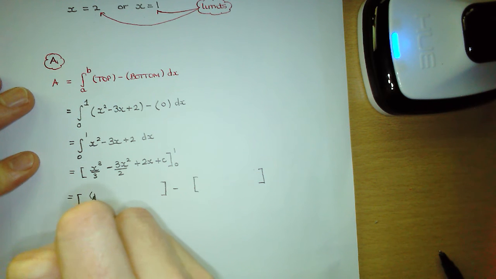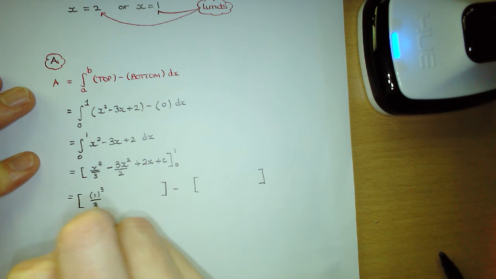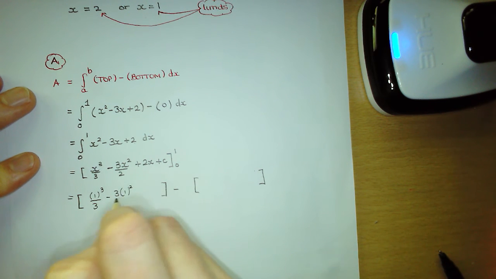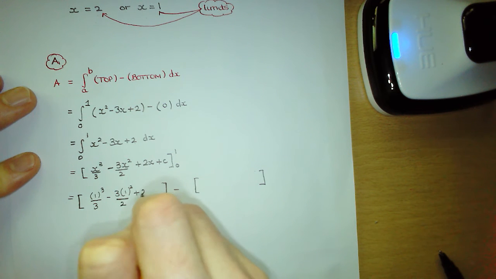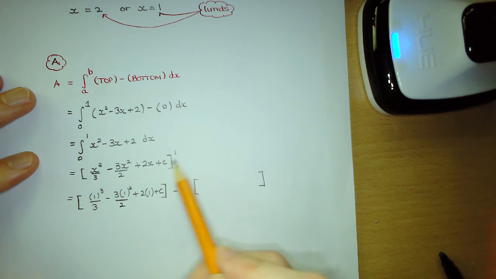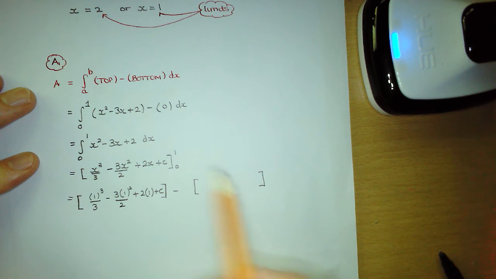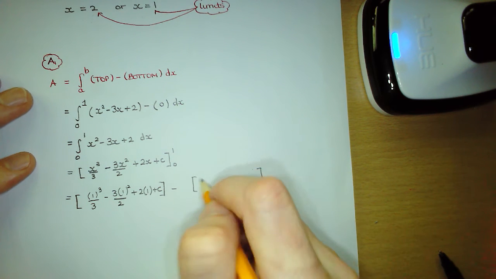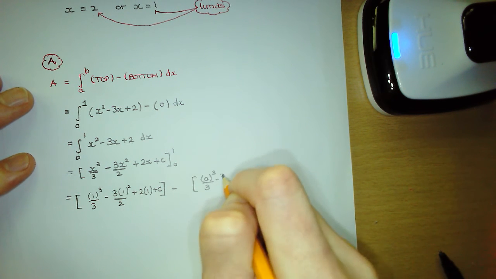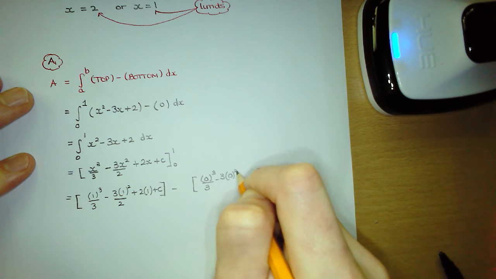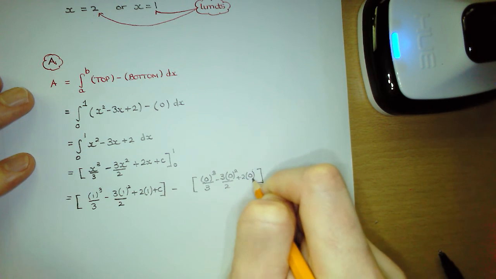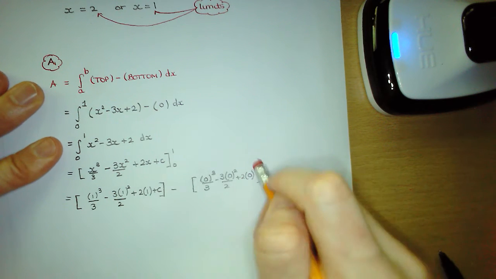So we're going to get 1 cubed over 3 minus 3 times 1 squared over 2 plus 2 times 1 plus c. And then we're going to chuck the smaller limit into the integrated expression in the other square bracket. So we're just going to get 0 cubed over 3 minus 3 times 0 all squared over 2 plus 2 times 0 plus c.